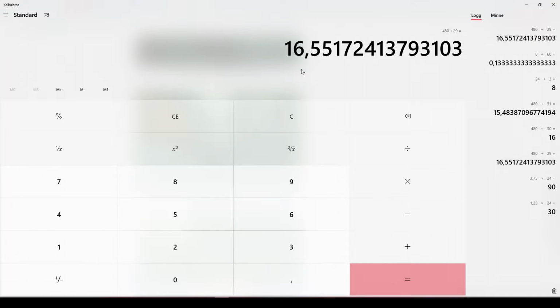Now, if we want 1 day, we'd divide it by the amount of days. For example, this. Now we could round this up to either 16.6, or we could round it up to 17.